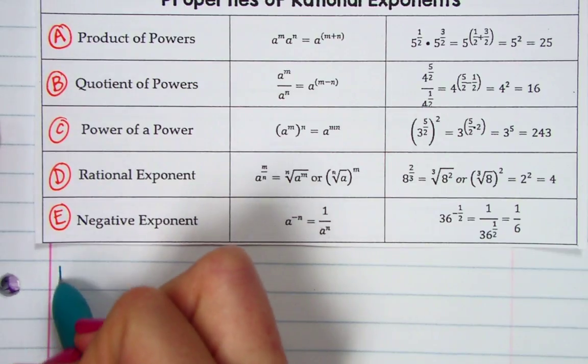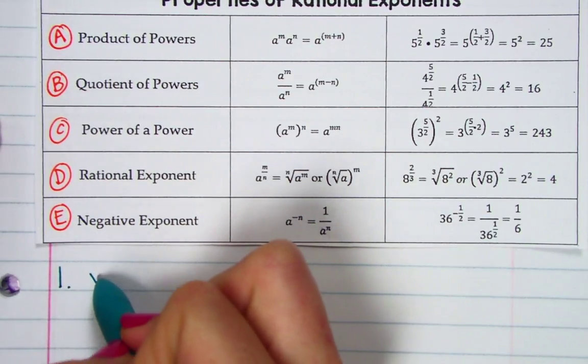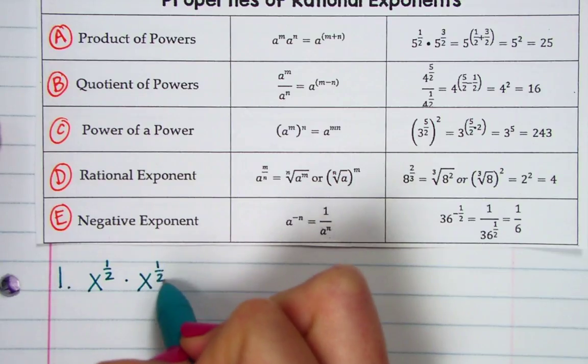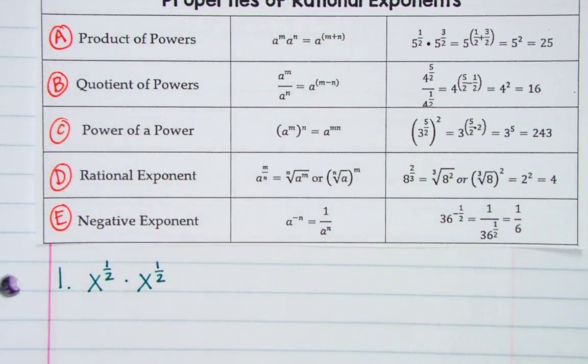First one, we'll do x to the 1/2 times x to the 1/2. Looking at our properties at the top, which one do you think that we're going to need to use?